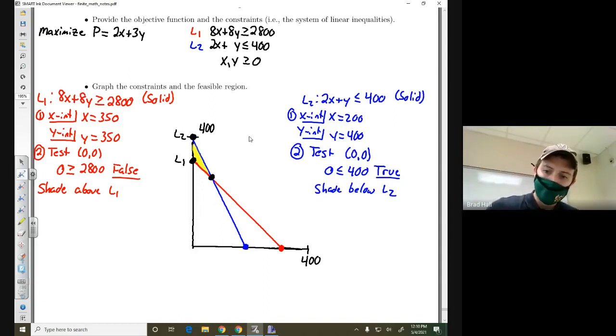Okay, so the first corner point, I'll find the one next to L1. That's the y-intercept of L1, which is 350. The next one is the y-intercept of L2, which is 400.